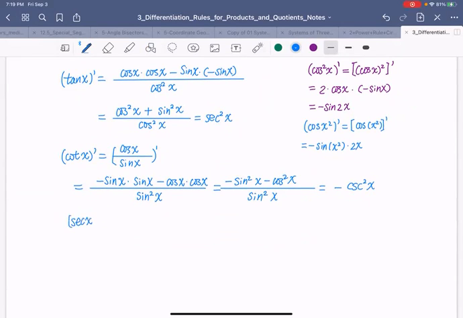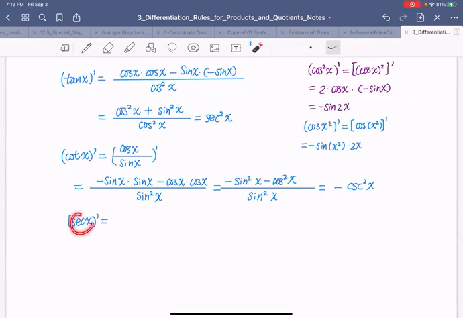secant x derivative. Secant x is who? Let me call the next student. Emily, who is secant x? That's secant x times tangent x. Who is this guy?